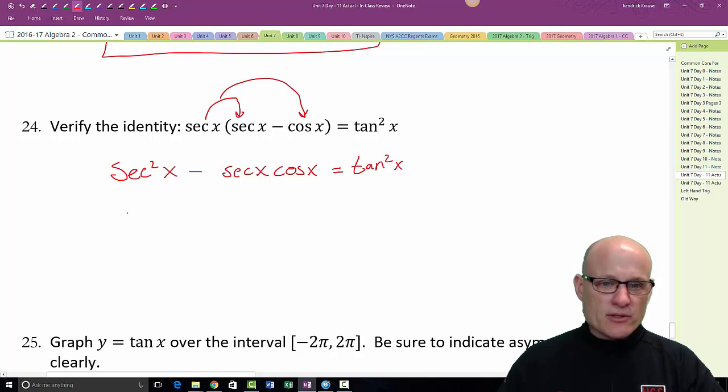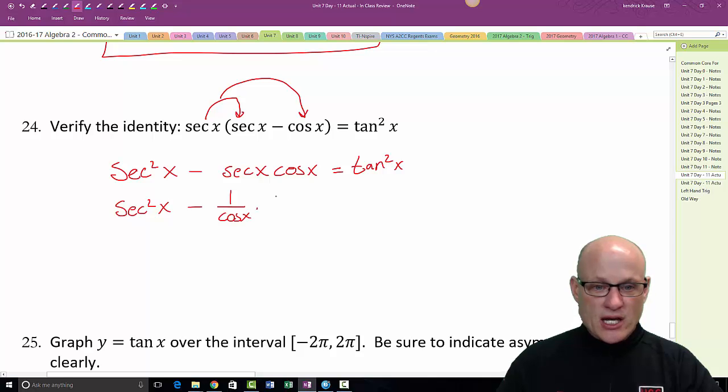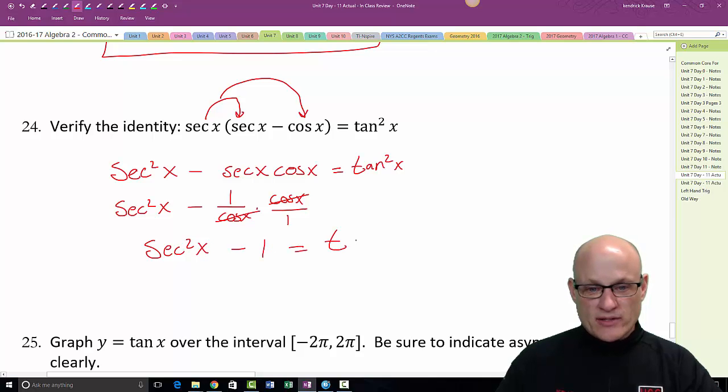Well, let's see. I'm not really sure what this is. Let's leave this as secant squared for now. Minus 1 over cosine x times cosine x over 1. Oh, well, these cancel, and that leaves 1. So this is just secant squared x minus 1, and we still want this to equal tangent squared x.